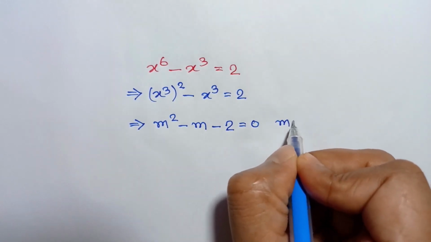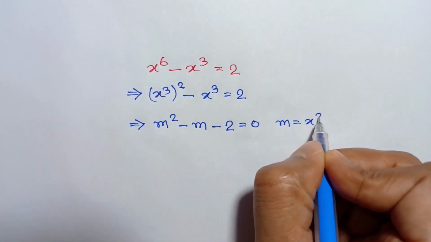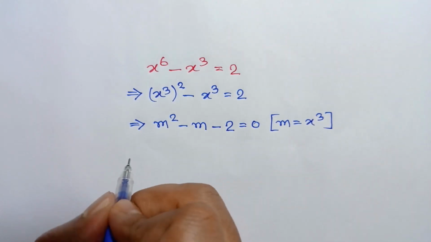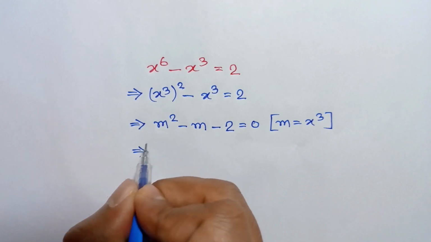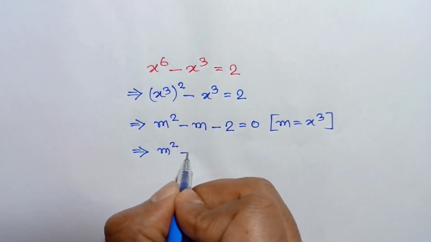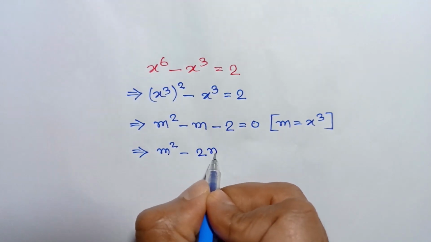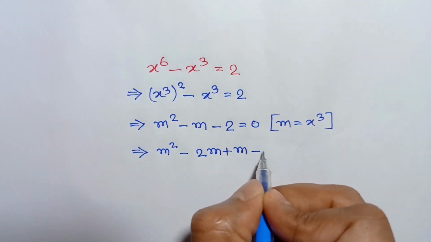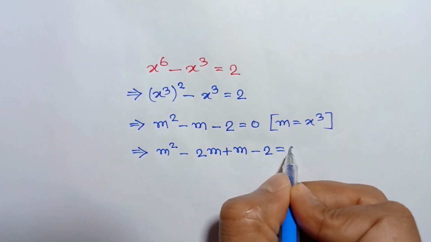Here m is equal to x cube. m square minus m can be written as m square minus 2m plus m minus 2 is equal to 0.